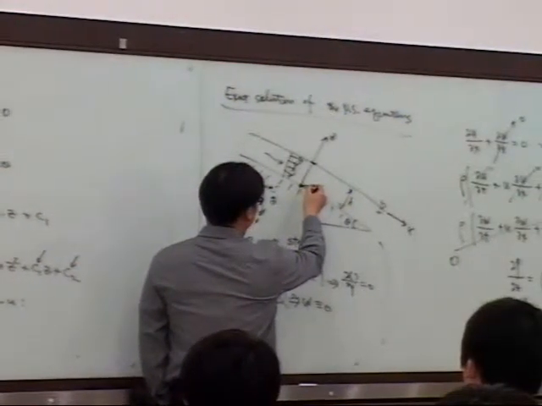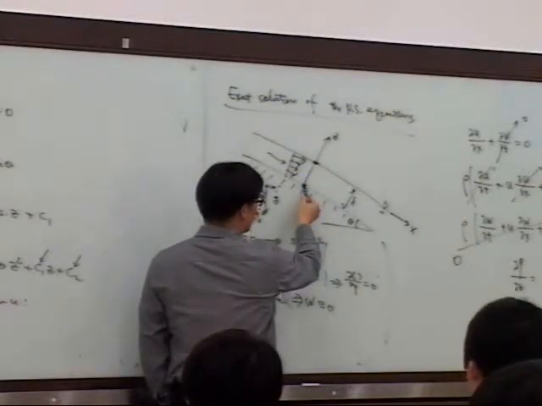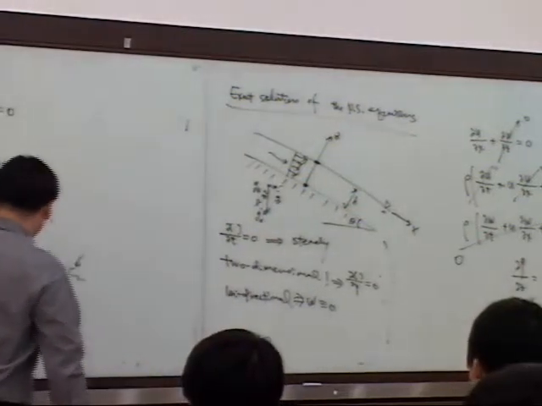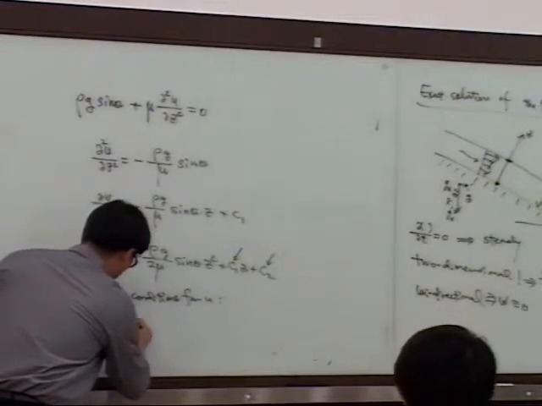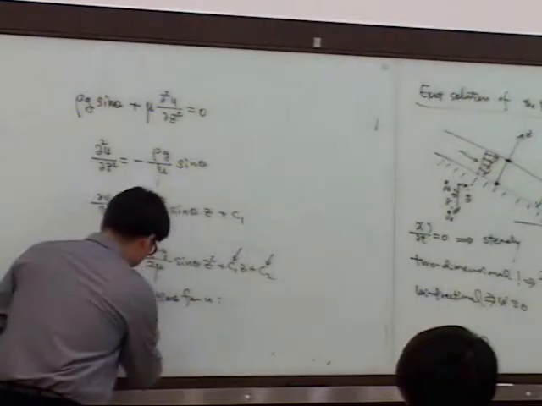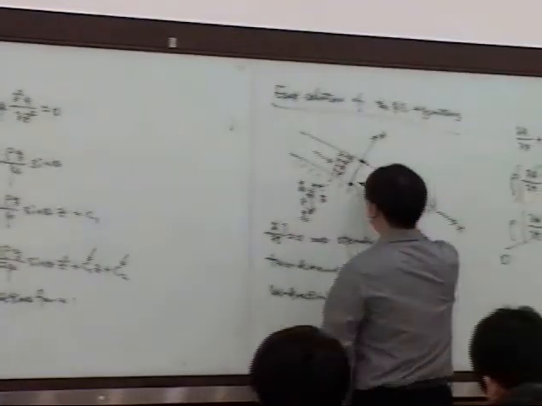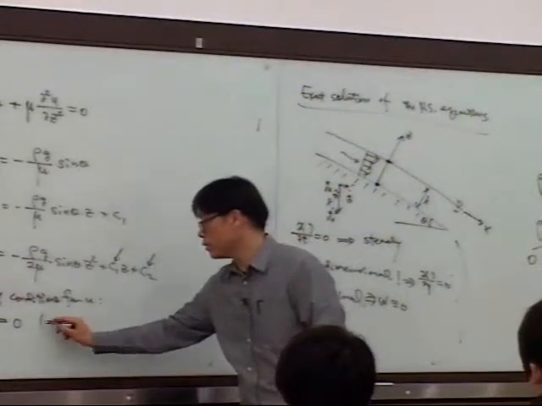We have to impose boundary conditions here and here. This is on the rigid boundary, and we have to impose boundary conditions on the free surface as well. And at z equal to minus h, u has to be 0. Okay, that's a no-slip boundary condition. So this is always true. So this is called the no-slip boundary condition.